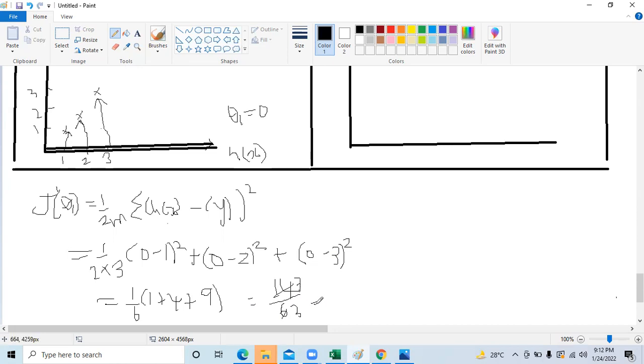So this is going to give us 2 point something. Let me be sure on the calculator. 7 divided by 3, so 2.33.